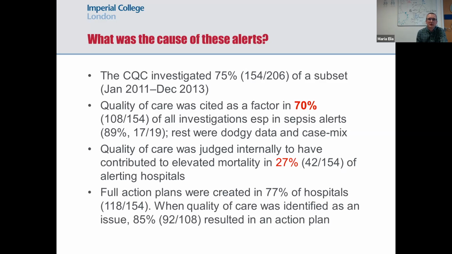And what did hospitals do? Well, in 77% of them, they did create a full action plan, particularly if the quality of care was identified as an issue. So that's good. That meant if 77% were not ostrich, then only 23% were ostrich-like. So that's, okay, 23% too many, but that's not bad.